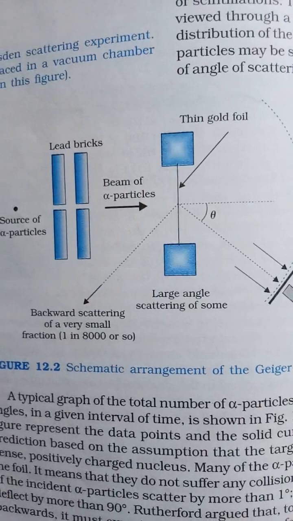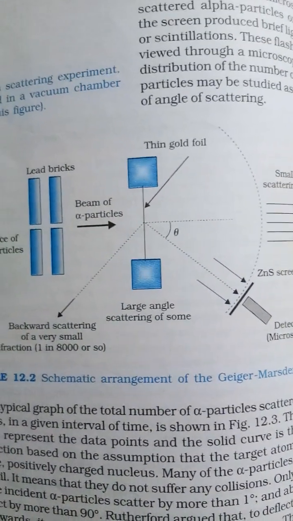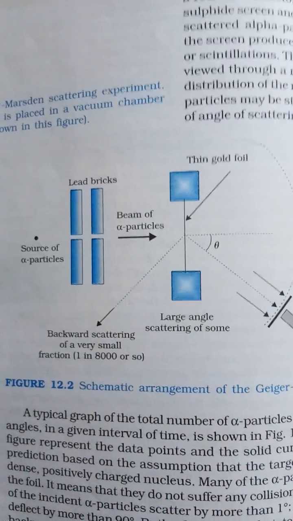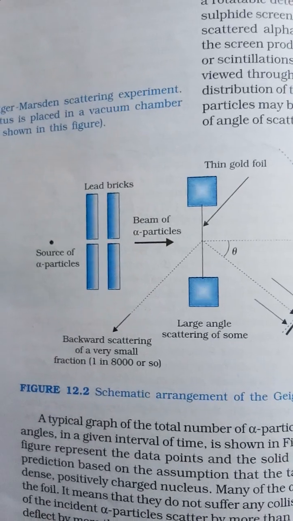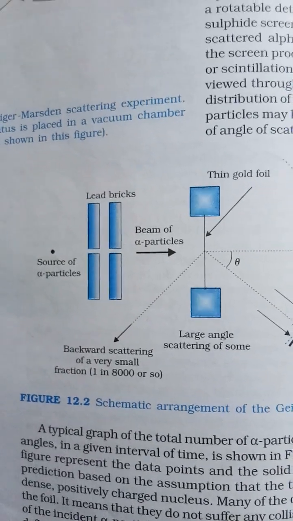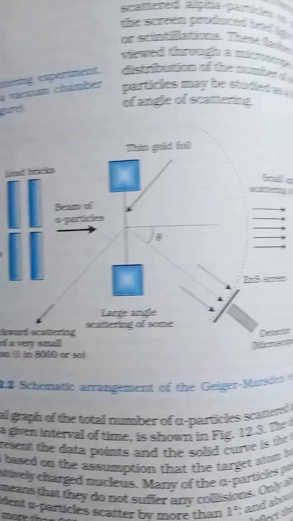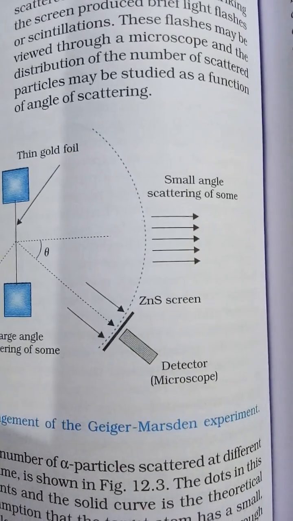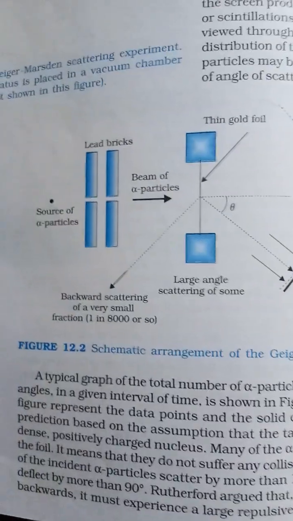Here you will see the schematic arrangement of the Geiger-Marsden experiment: the zinc sulfide screen, large angle scattering of some, backward scattering of a very small fraction, 1 in 8000 or so, the source of alpha particles, lead bricks, the beam of alpha particles, the gold foil, and small angle scattering of some, and the zinc sulfide detector microscope you will see here.